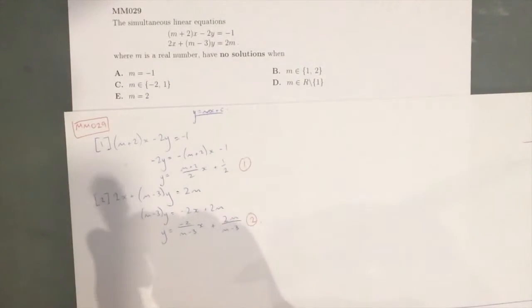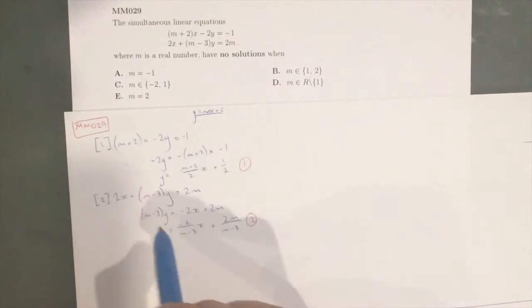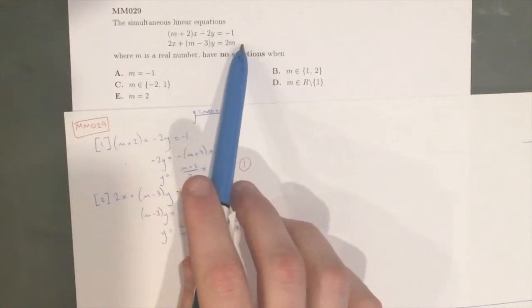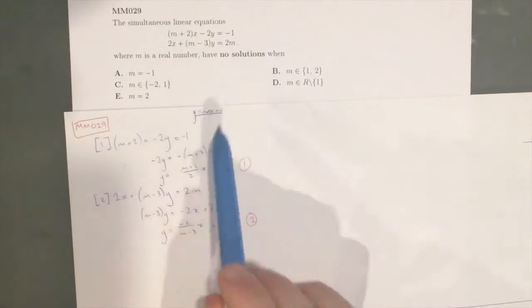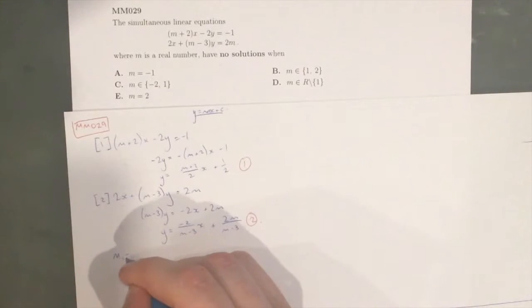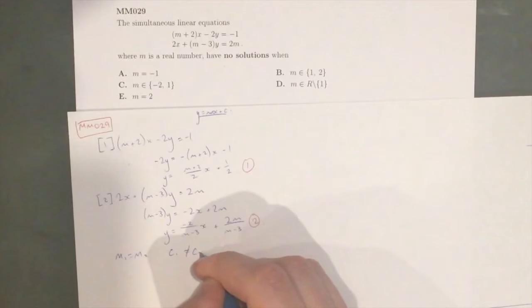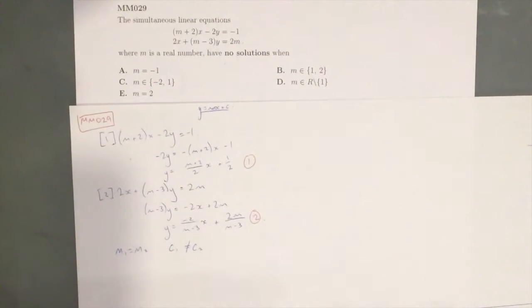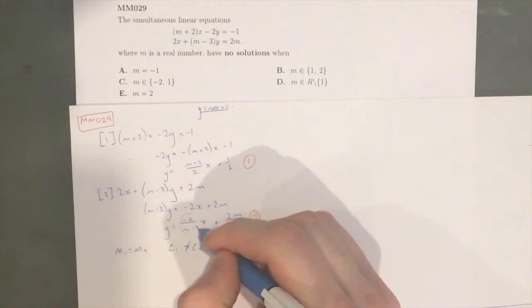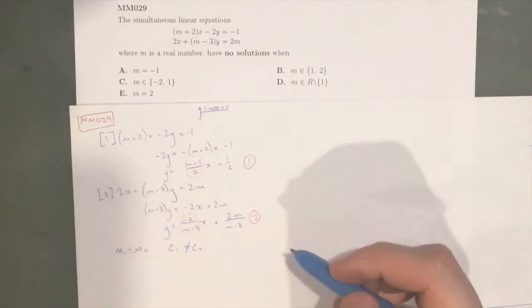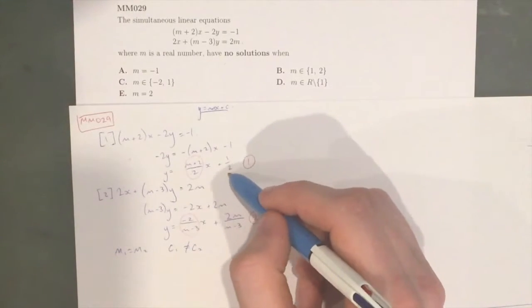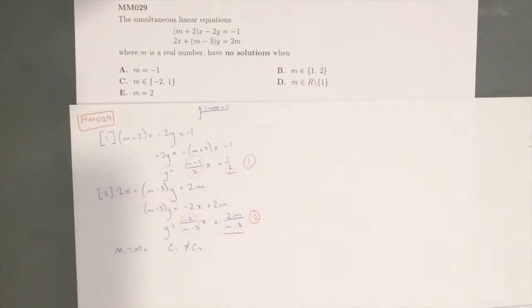Now, we know that two linear equations have no solutions when their gradients are the same and their c values are not the same. So these two gradients are equal to each other, and these two c values are not equal to each other.